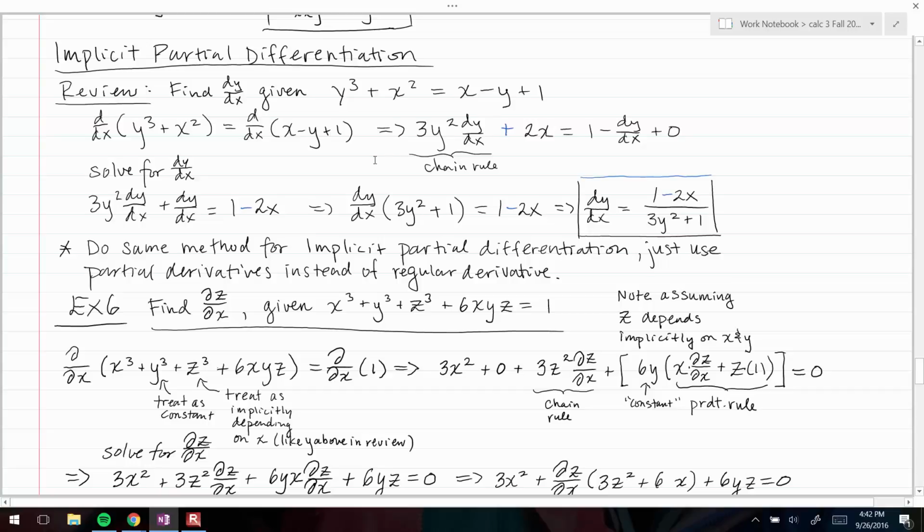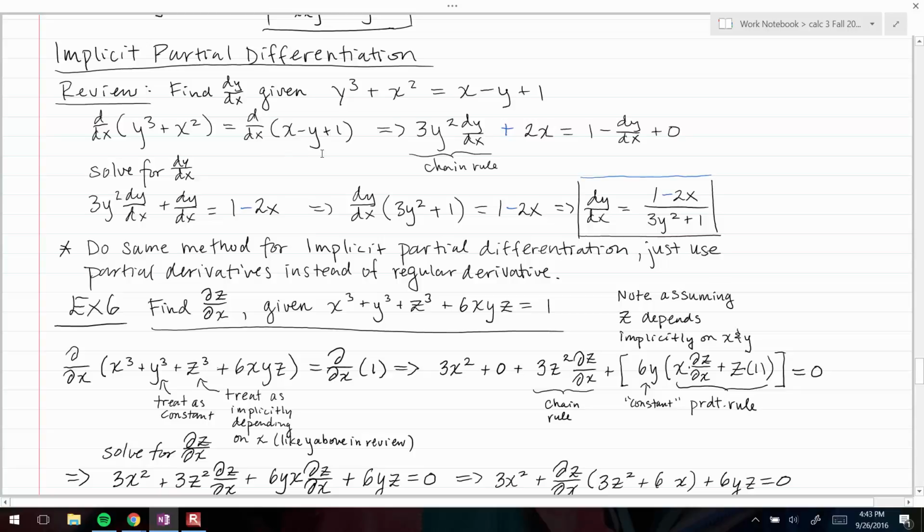The rest of the left side is really easy. X squared, its derivative is 2x, and I did have a typo here, I had a minus; change to plus here, of course. Then taking the derivative with respect to x on the right-hand side, the derivative of x is just 1.